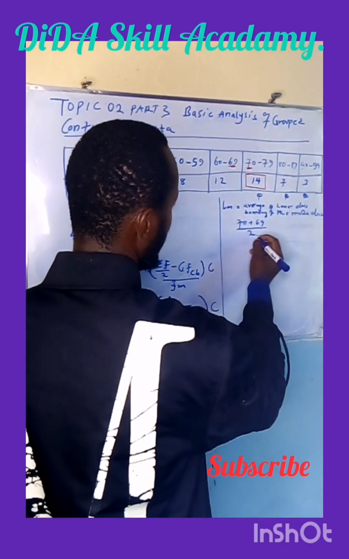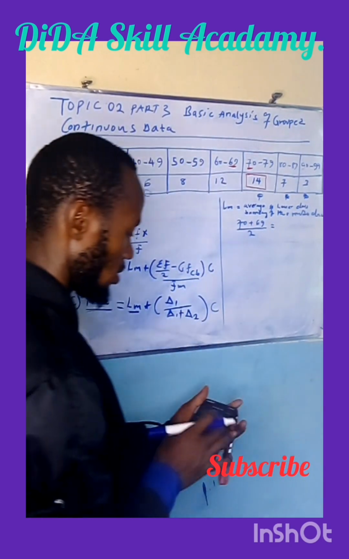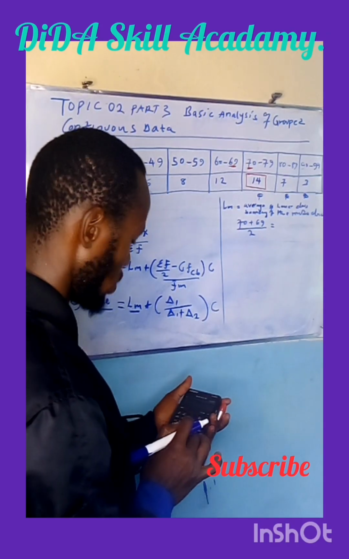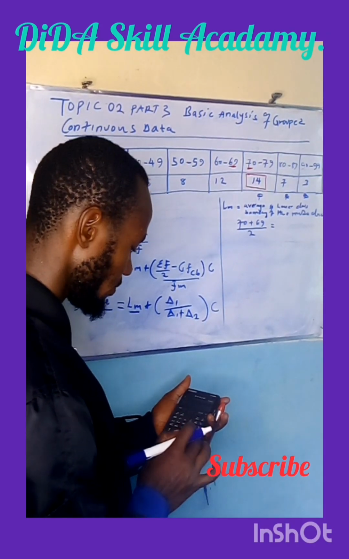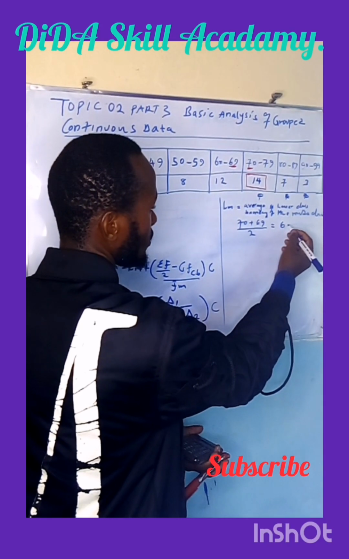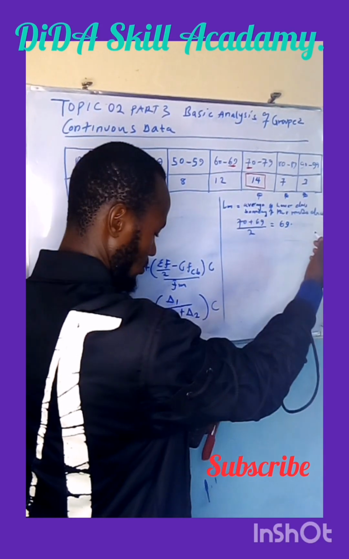Then you divide by 2. Using my calculator, we have 70 plus 69 divided by 2, which gives 69.5.